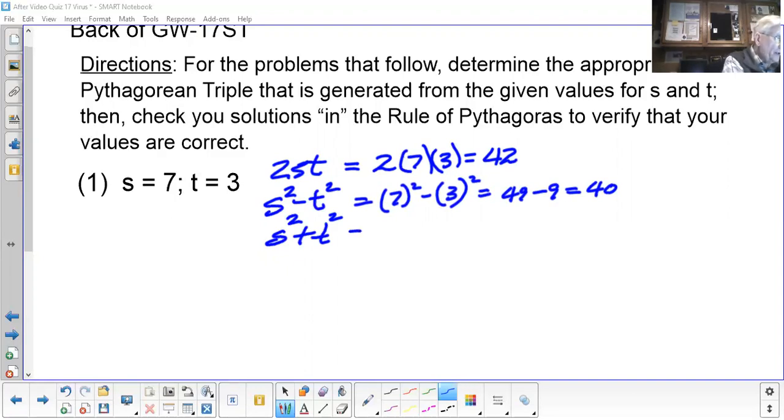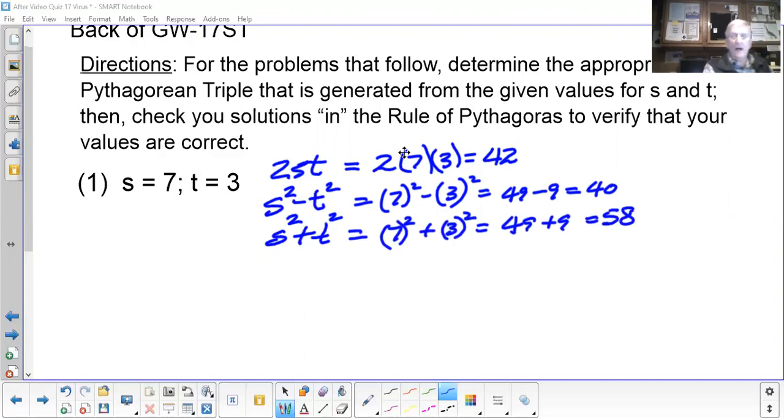And for S squared plus T squared, you would be doing 7 squared plus 3 squared, which is 49 plus 9, which would be 58.